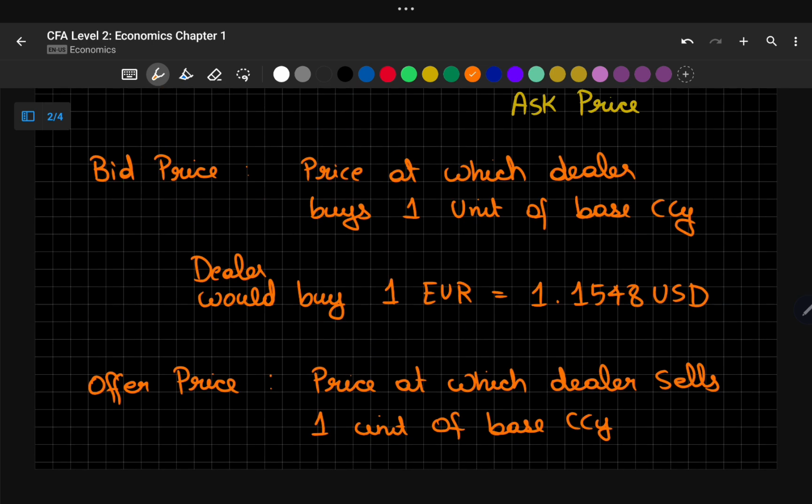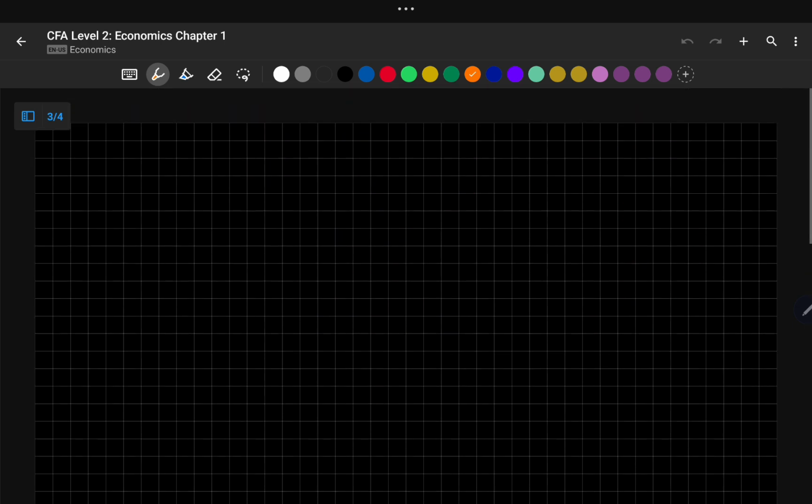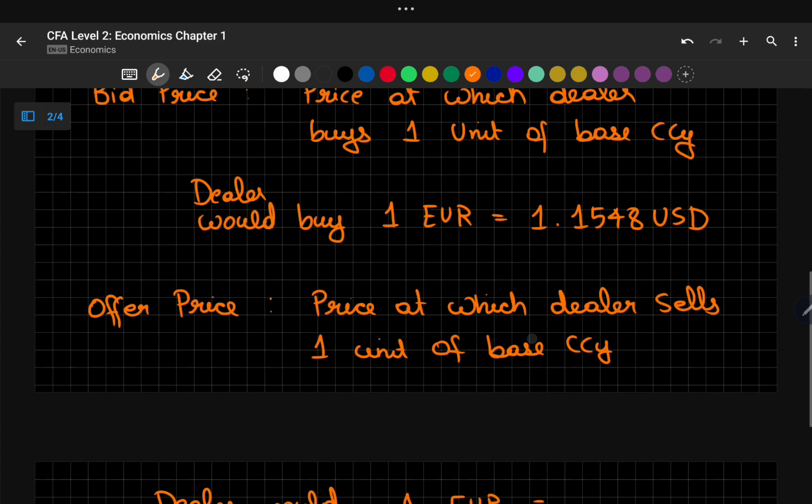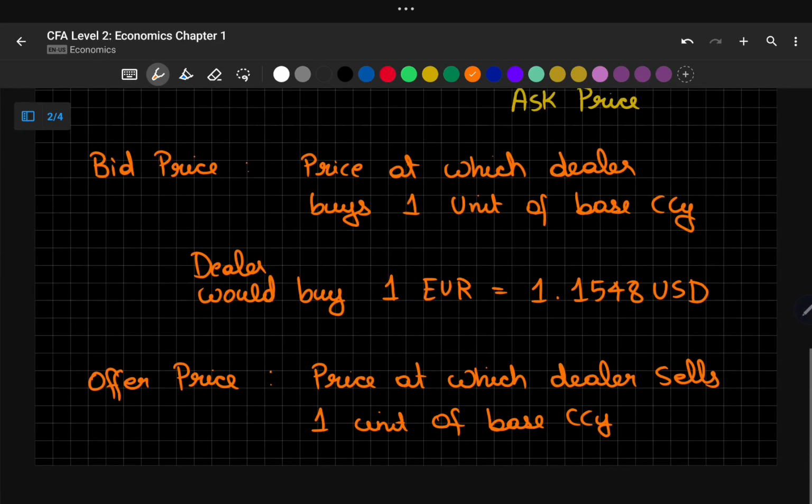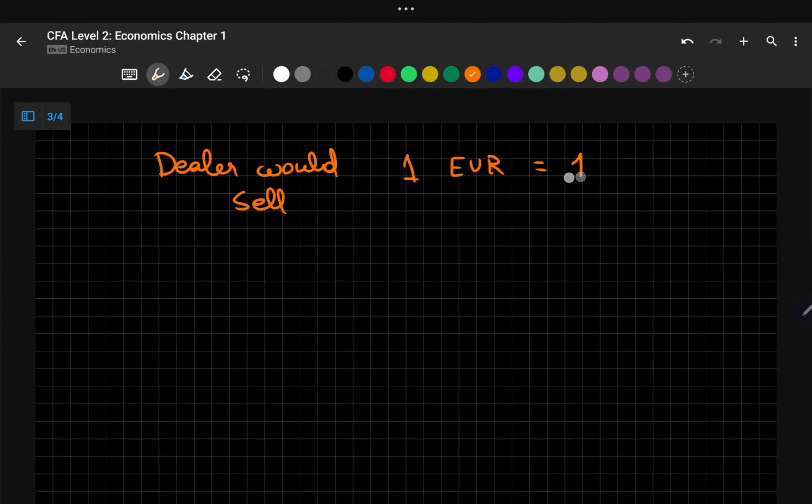That would mean that the dealer would sell €1 for 1.1552 USD.